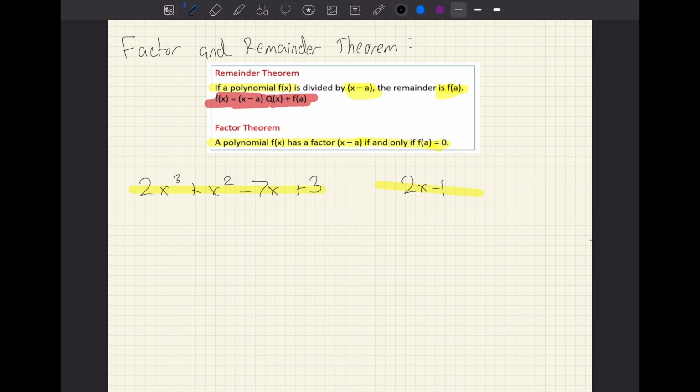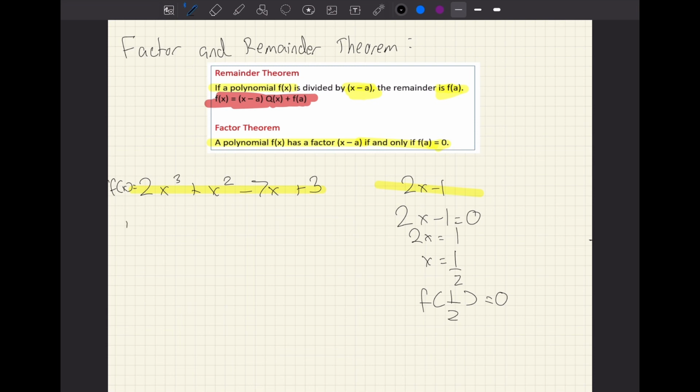First, let's find the value of a. The easiest way is equating the factor to 0 and finding the value of x. So 2x is equal to 1, x is equal to 1 by 2. Since it's a factor, f of 1 by 2 should be equal to 0.